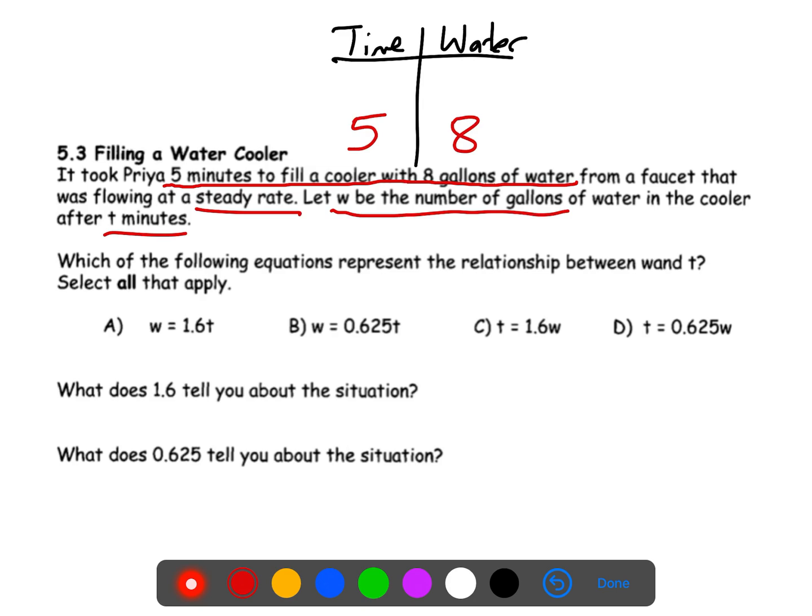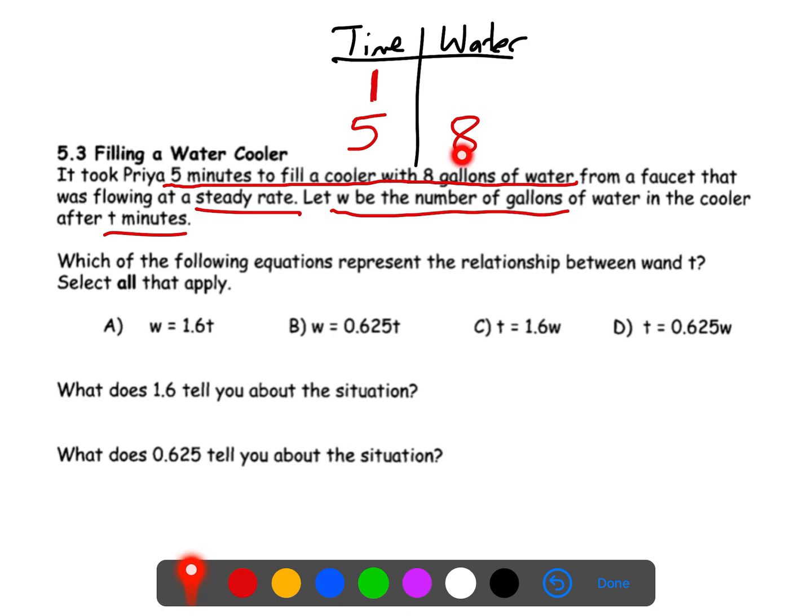Now that's not a unit rate, so that doesn't contain my constant of proportionality unless I do some more calculating, because a constant of proportionality would tell me how much water comes out of the faucet into the cooler every 1 minute. So that is simply just going to take a little division. Now the nice thing about fractions is they're representing division.